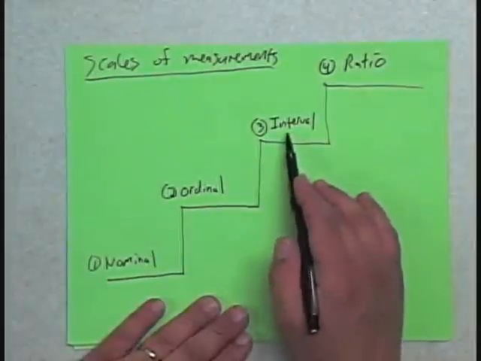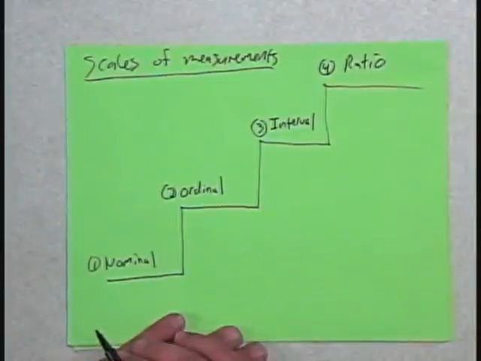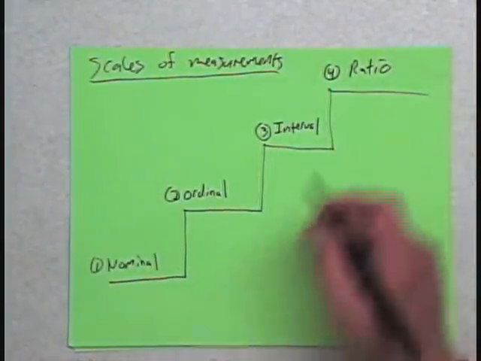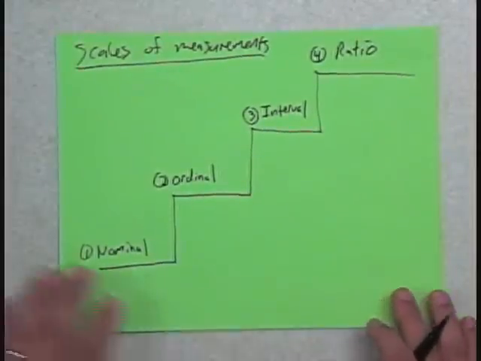And then you go up again, the interval has something extra that ordinal doesn't have. And then the ratio has something that the interval doesn't have. And the ratio then is the most capable of measuring. It has in a sense, the best measuring capabilities, if you can think of it like that.